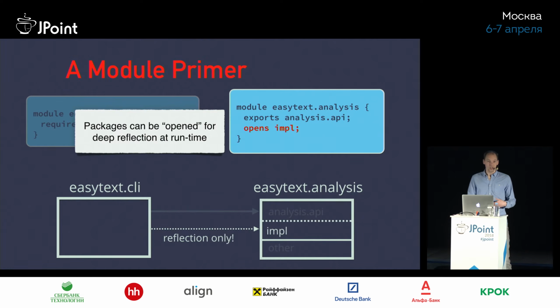And also, it will allow deep reflection, so opening up of private parts of these types using an open package. And we'll see how that will be useful when looking at dependency injection in Java. Now, any other packages that might be in a module that are not opened or not exported are fully encapsulated. So these are really, really internal to the module.